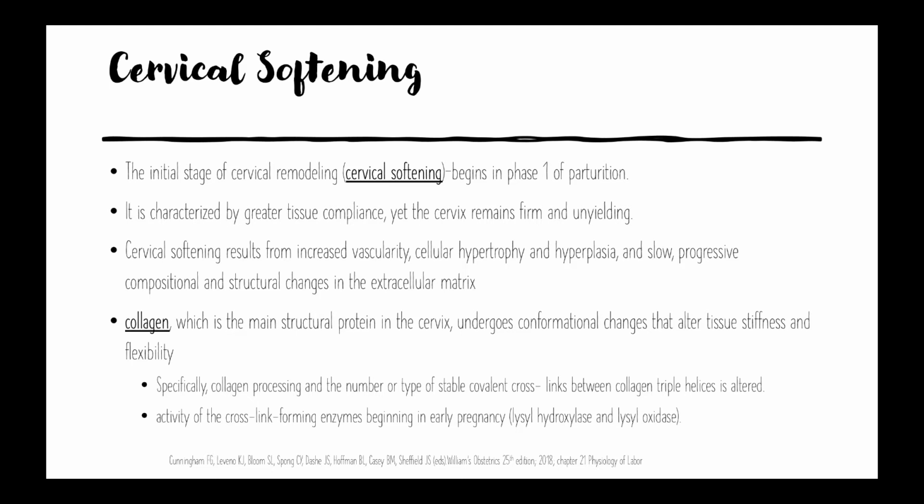Collagen, which is the main structural protein in the cervix, undergoes conformational changes that alter tissue stiffness and flexibility. Specifically, collagen processing and the number of stable covalent crosslinks between collagen triple helices is altered. Activity of the cross-link forming enzymes beginning in early pregnancy is also changing.